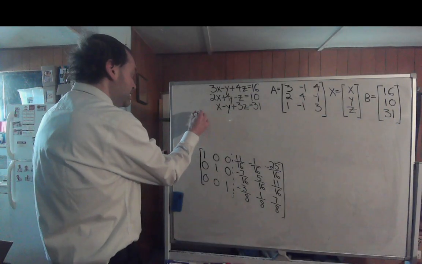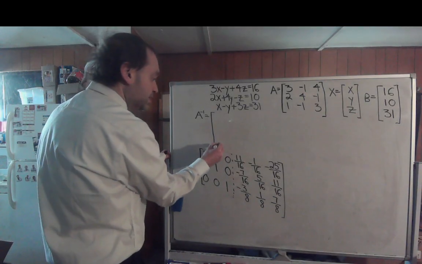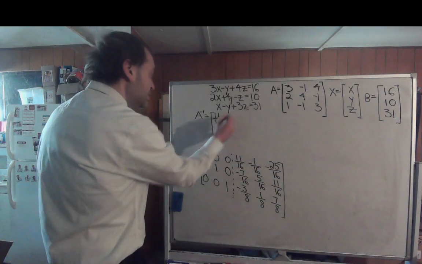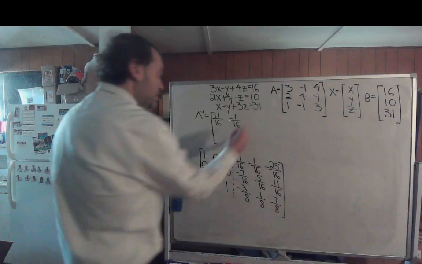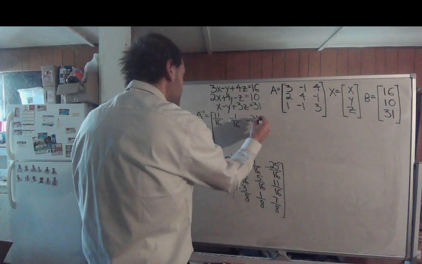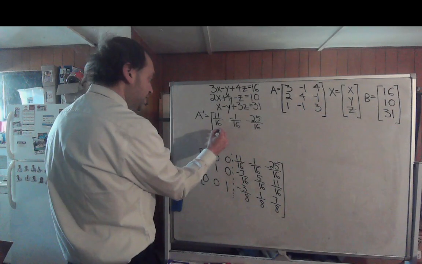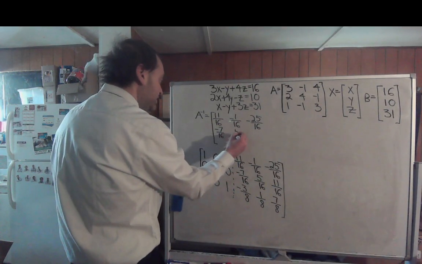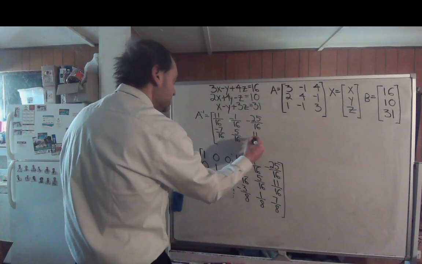So A inverse, that matrix is going to end up being 11/16, negative 1/16, negative 25/16, then negative 7/16, 5/16, 11/16.